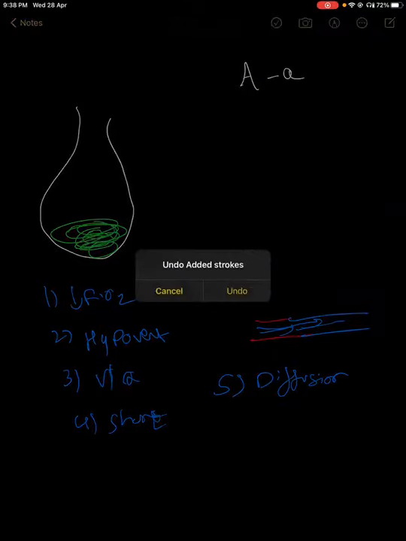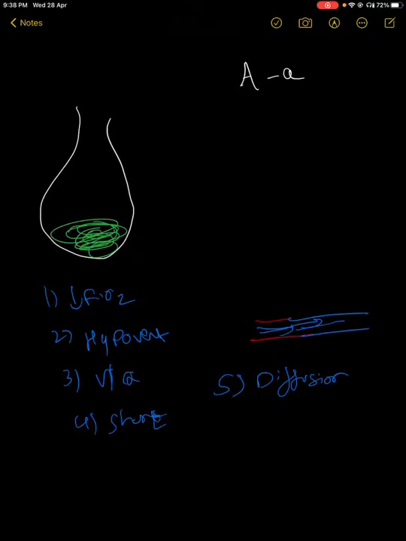The capital A stands for the alveolar oxygen, and the small a stands for the arterial oxygen. That is the A minus a gradient. We'll discuss the formula. A minus a is nothing but PAO2 minus PaO2.